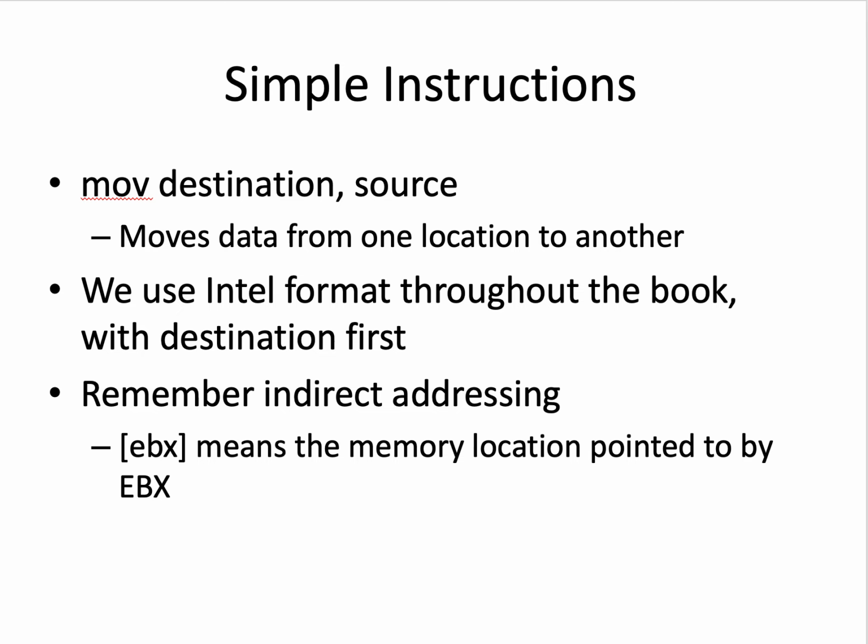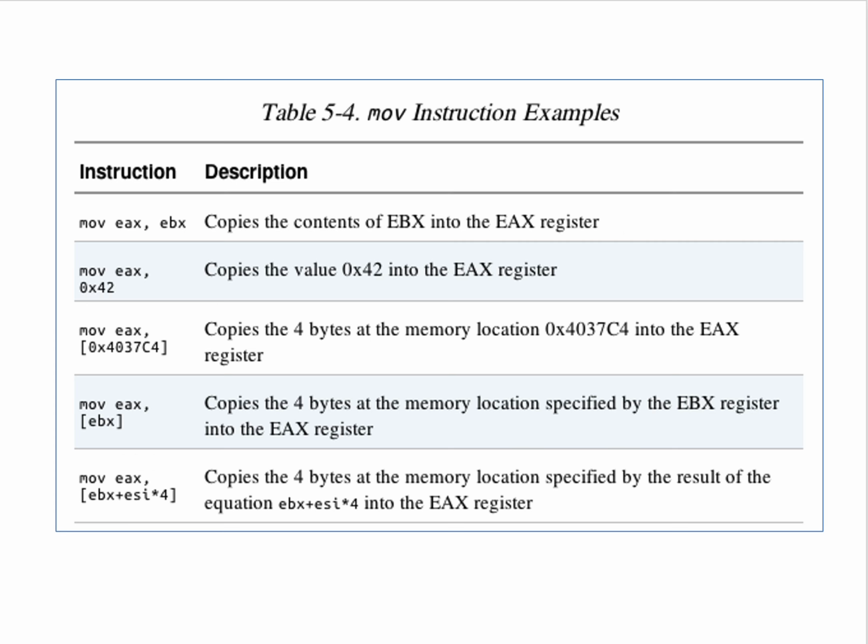We have move. The move begins with a destination, and it starts here at the source, but by the time it's done, it will be defined as part of the destination. When EBX is in straight brackets, it doesn't mean the value of EBX, it means the memory location pointed to by EBX.